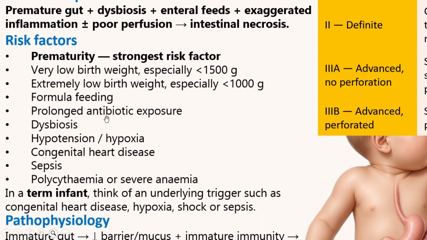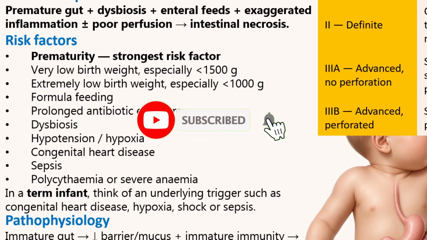Formula feeds are also in the picture, because think about it, these formula feeds can also act as feeds for bacteria, so they can lead to that overgrowth. Prolonged antibiotic exposure can lead to this, because it's going to cause a dysbiosis. It's going to kill the normal flora, the good bacteria, and then we shall have the bad bacteria proliferating.